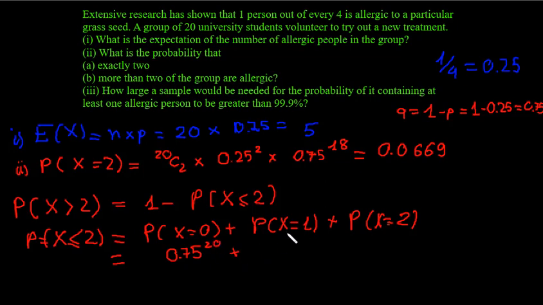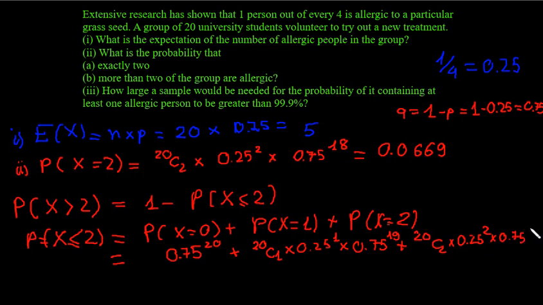Now one of the 20 people is allergic, so from 20 we choose 1 to be allergic: 20 C 1 multiplied by 0.25 to the power 1, multiplied by 0.75 to the power 19, because 19 of them are not allergic. Then 20 C 2 multiplied by 0.25 squared, multiplied by 0.75 to the power 18.